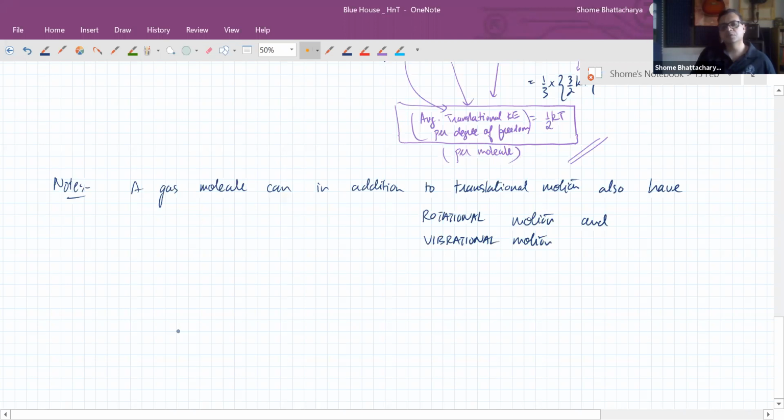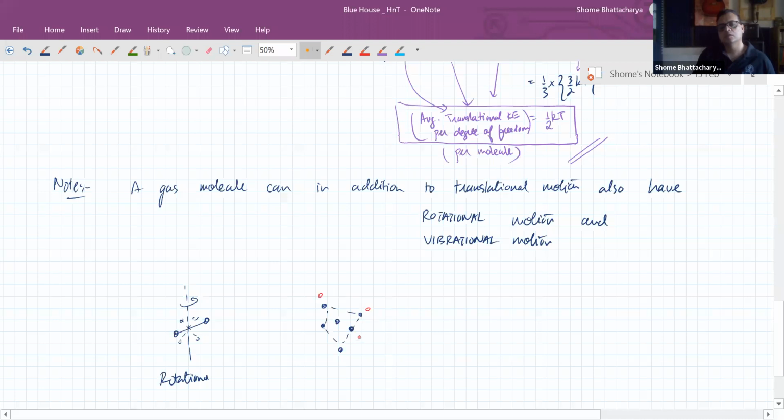Okay. So for example, we have a dumbbell shaped diatomic molecule. It can also be rotating about this axis. It can have this kind of rotational motion also. Or we have a complex type of molecule which has a lot of different atoms, so the interatomic bonds are not that strong. So this can also be vibrating.